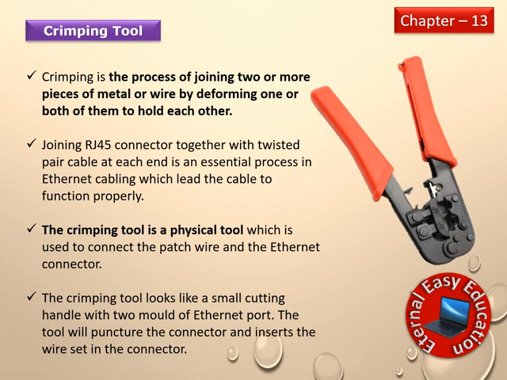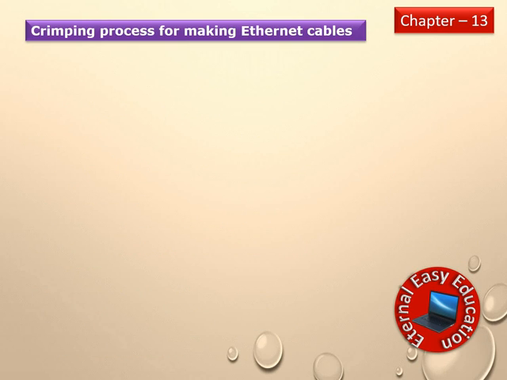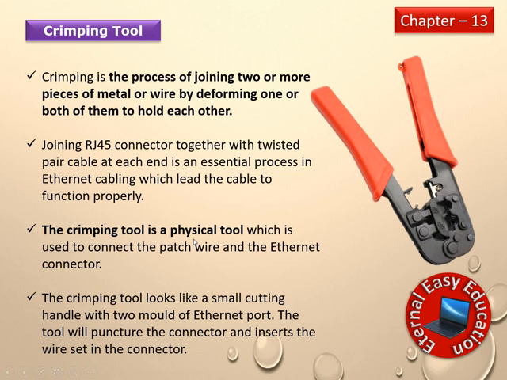The crimping tool is a physical tool. So this is the crimping tool, which looks like a cutting blade, used nowadays at our homes to connect the patch wire and the Ethernet connector. It looks like a small cutting handle with two molds of the Ethernet port. The tool punctures the connector and inserts the wire set into the connector.